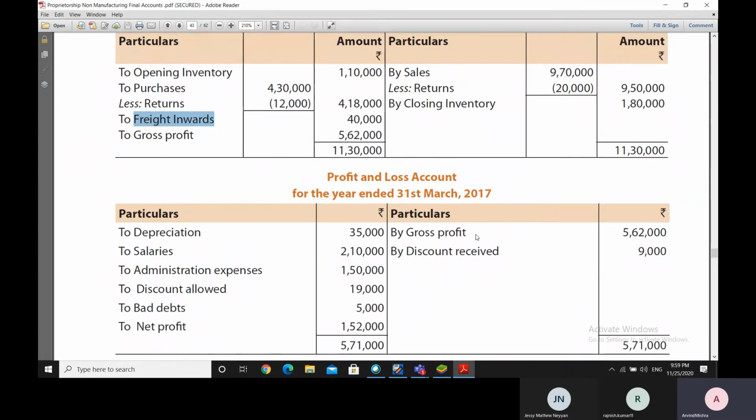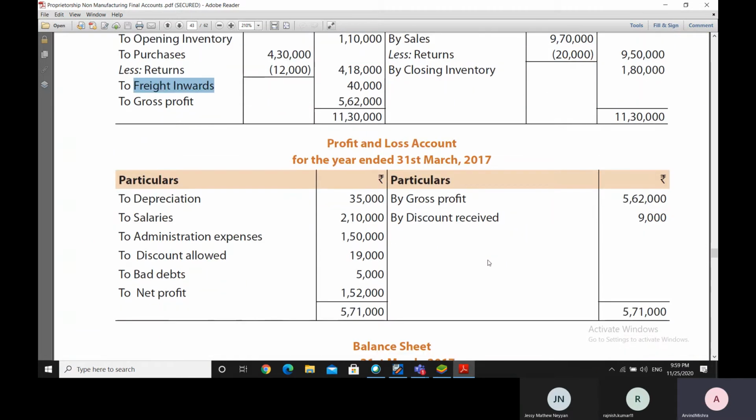And there we add the other accounts depending upon their balances, whether they are income or expenditure accounts. If they are in the nature of expenditure accounts, their balances are put on the debit side of the profit and loss account by crediting those accounts and debiting the profit and loss account. And finally, even the bad debts are put on the debit side of the profit and loss account.